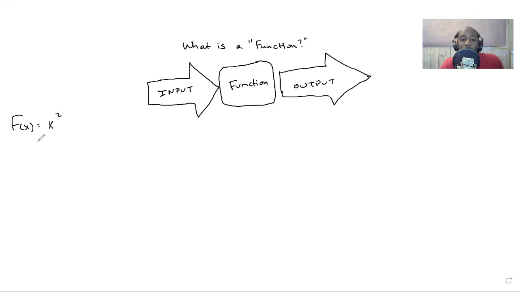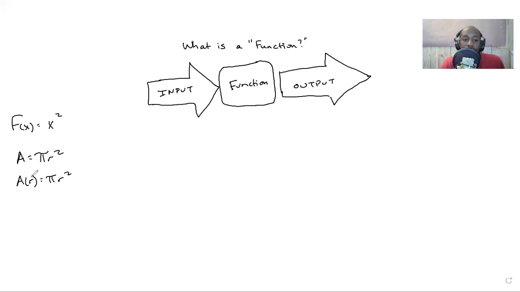Another one that you may not necessarily have seen as a function is the formula for area. What is area dependent on? The input, which is your variable r, your radius. So whatever your radius is determines the area. Some would write this as A sub r equals pi r squared.